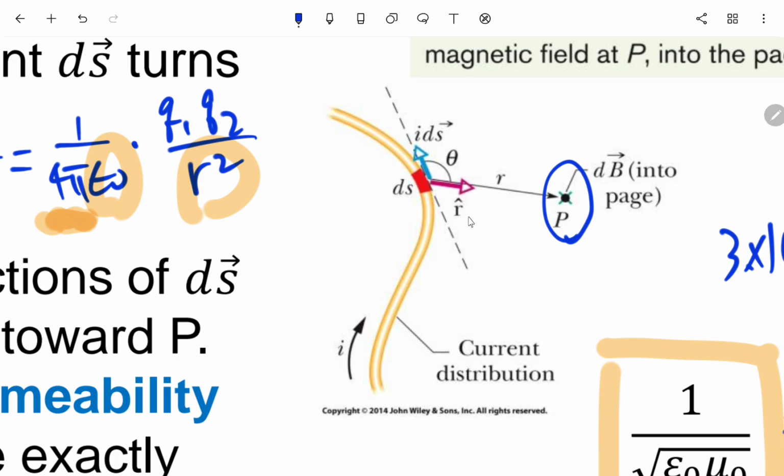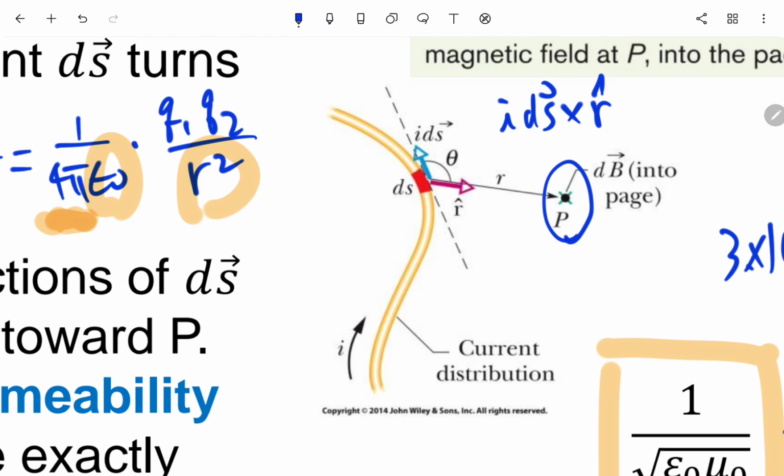这个 r hat 就是21章有出现过类似的嘛，r hat 就是一个单位向量，从你这个电流的那个小段啊，指向你关心的那个点的那个方向，然后取长度为1，就是这个 r hat。So for this case, we should have I ds cross r hat.